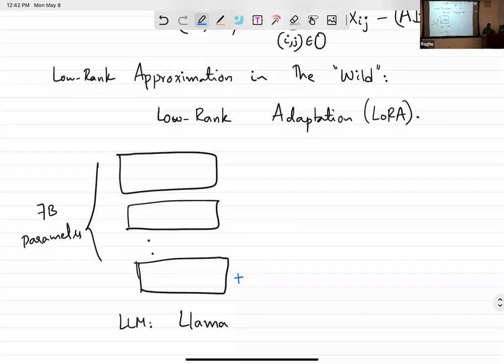Okay, so all of these things are known. I'm going to try and adapt it by some delta 1, delta 2, and so on, up to delta depth.